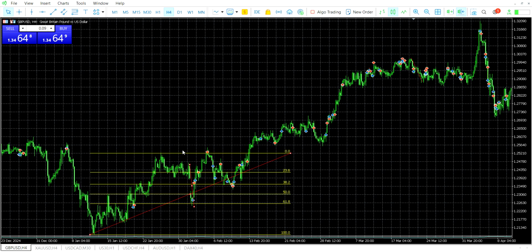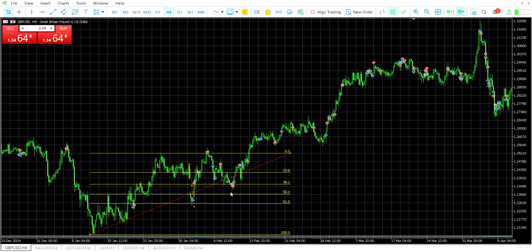So if we already have the 61.8 level in the Fibonacci, we have the breakthrough of the trend line, and third, we have a candlestick with a very long wick. In combination, it means that we are at a potential turning point for the trend.